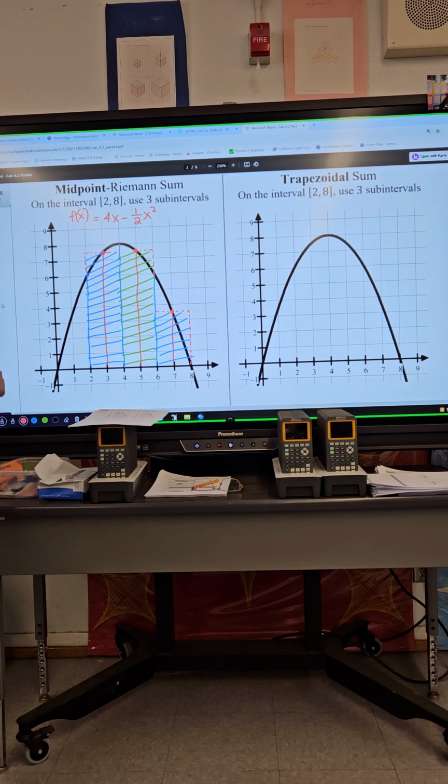So we say the midpoint is approximately 2 times f of, what's the first red color? 3. So f of 3 plus 2 times f of, what's the next one? 5. Then plus 2 times f of 7. Okay.